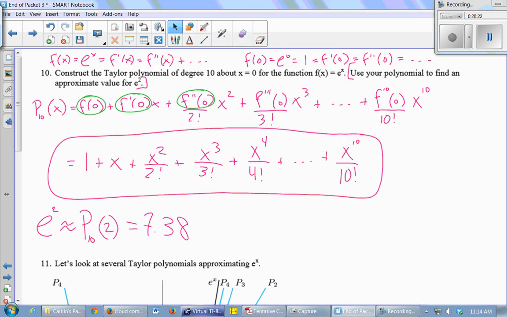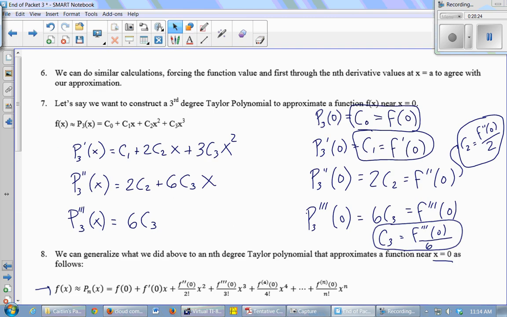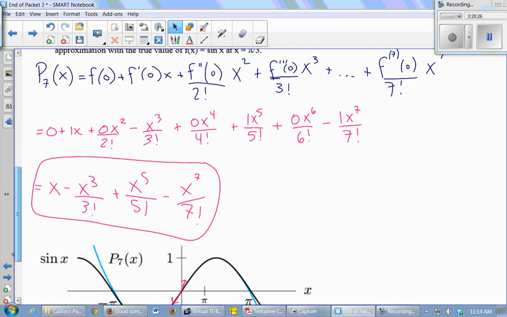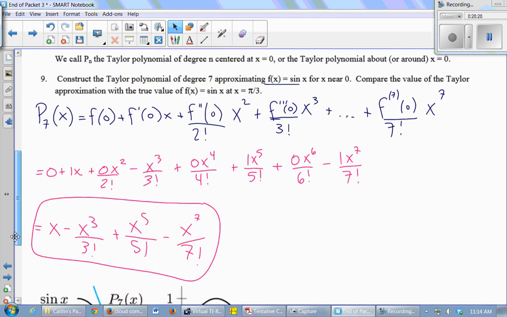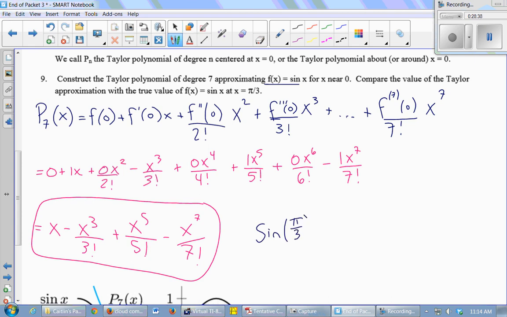And I think I forgot to do that on the last problem. I was supposed to use this P7 that we found to approximate the sine of pi over 3. So I'll just do that. The sine of pi over 3 should be able to be approximated by P7 of pi over 3.